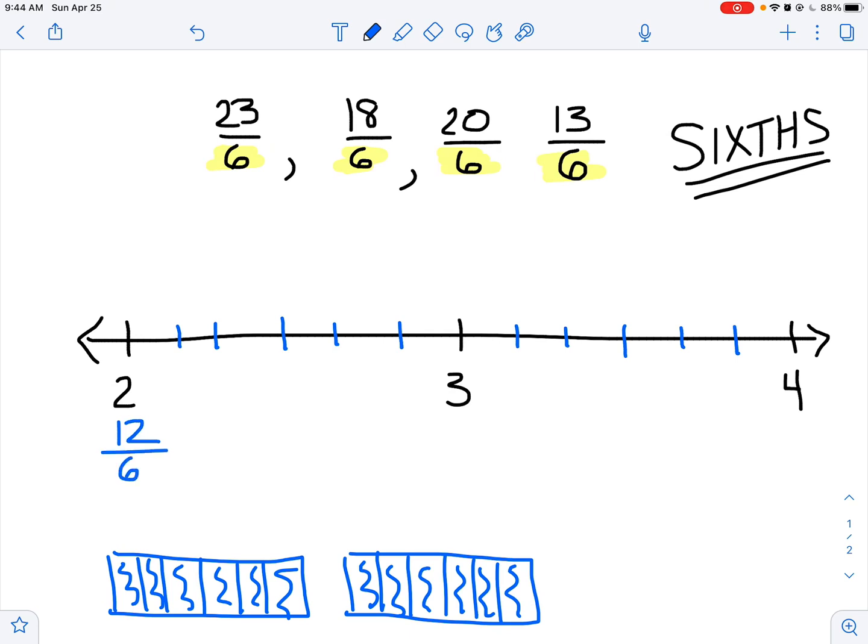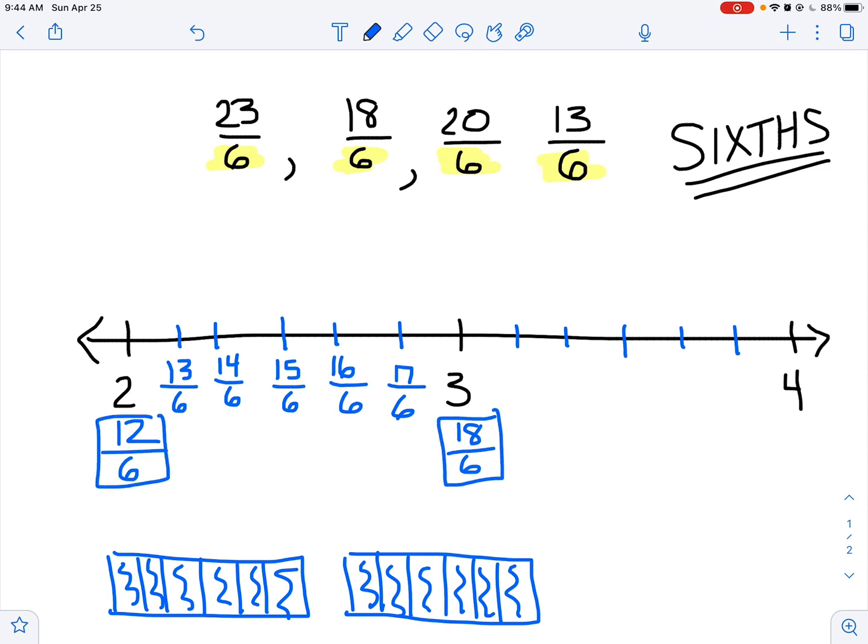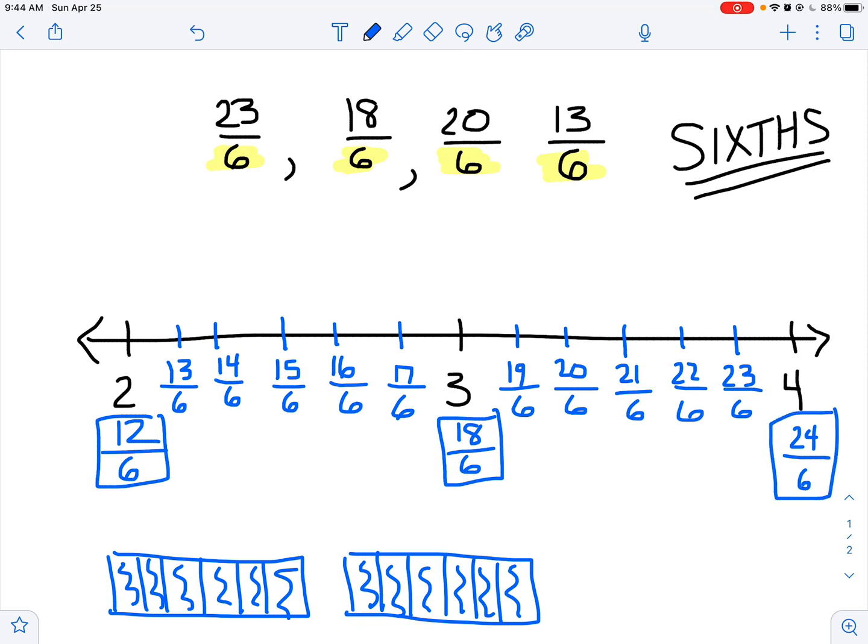Then I can keep on counting. So I am going to just label them all. I find that a lot easier. Then I'm not going to make mistakes later and have to erase everything. Okay? If you choose not to do that, I strongly suggest you at least put your whole number equivalents in, meaning find the fraction that's equal to your whole numbers, those ones that I am boxing.